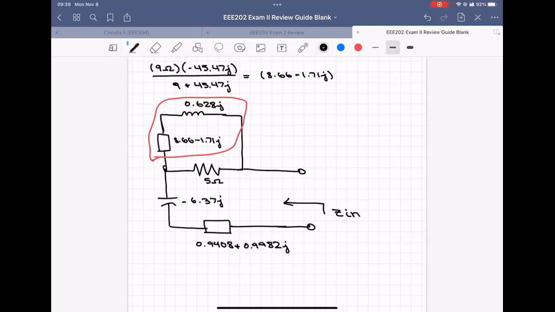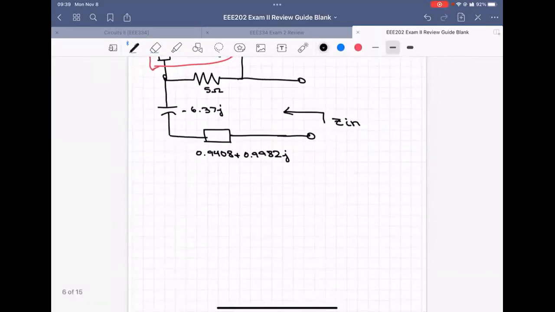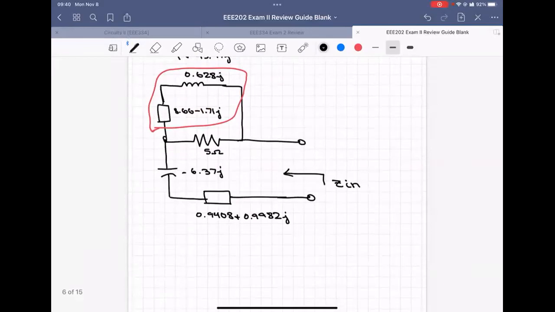These two are in series with each other, so we combine them into an equivalent impedance, and it's going to look like this with the 5 ohms. Those two will then be in parallel. I would rewrite all this out. In the video she's showing when she did the boxes, she was talking about Z1 or Z2.